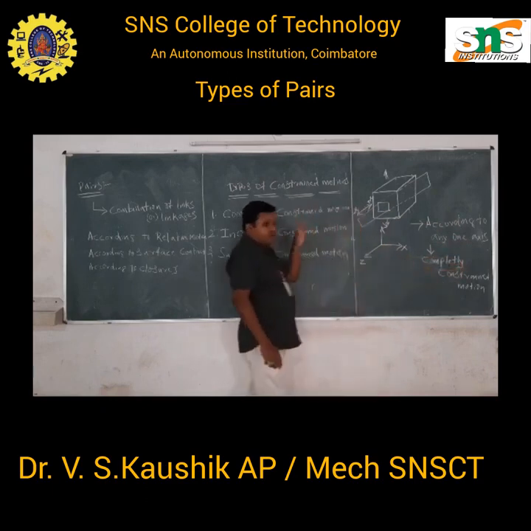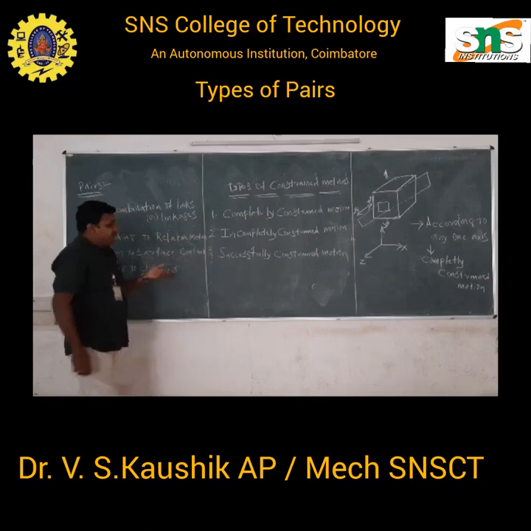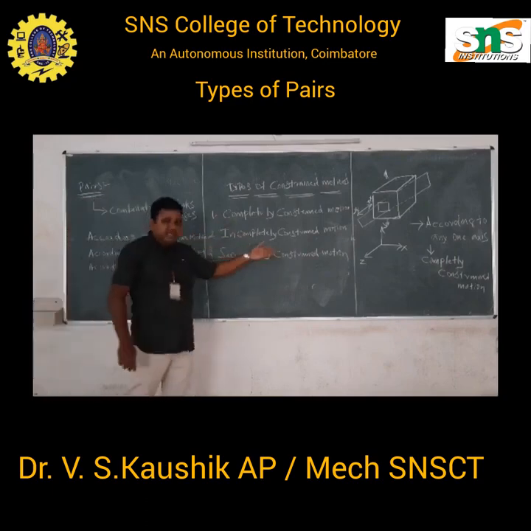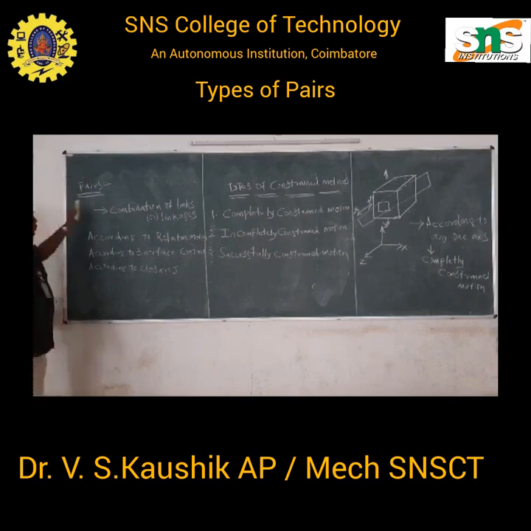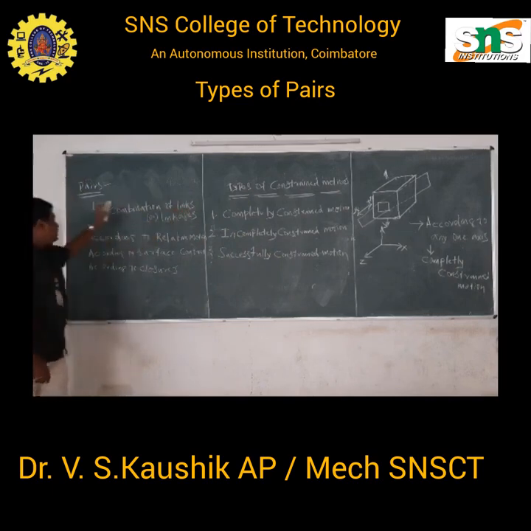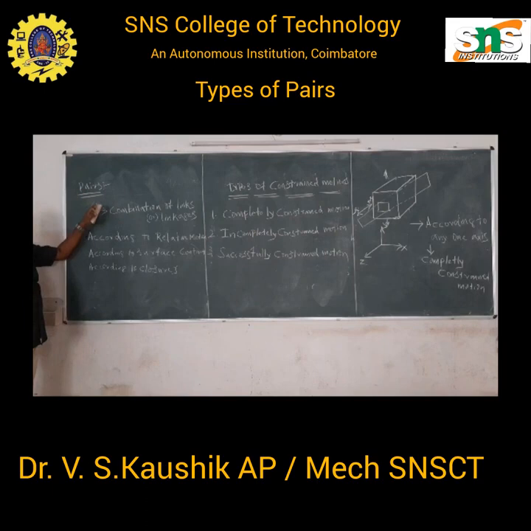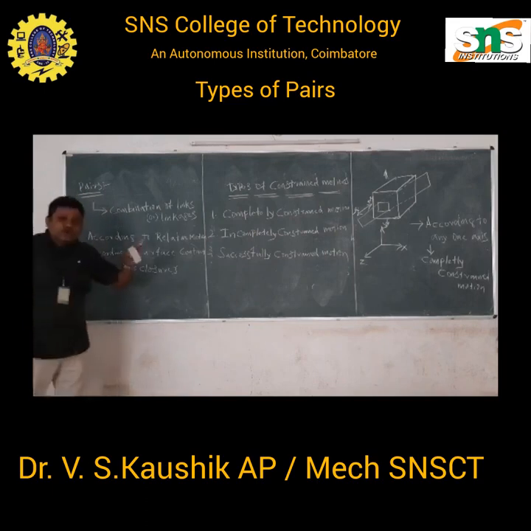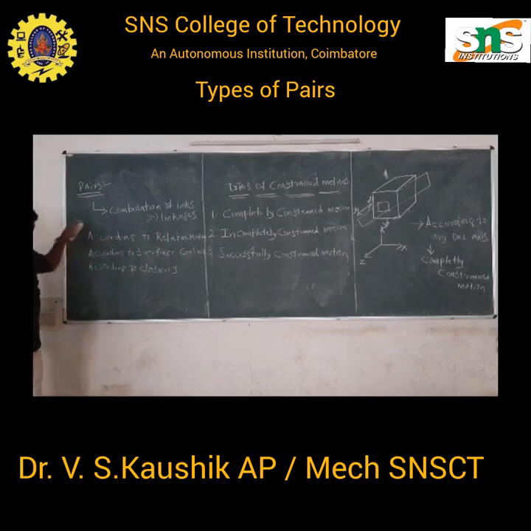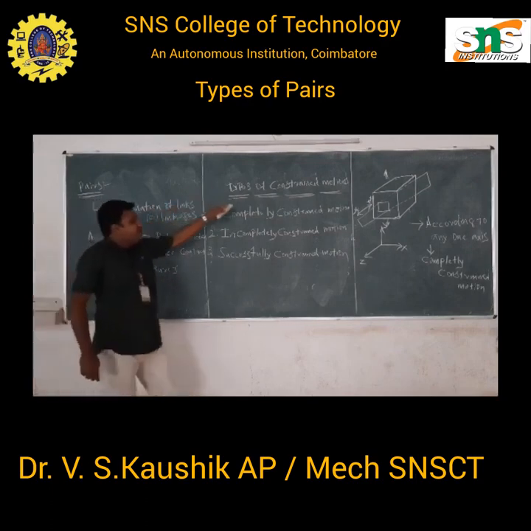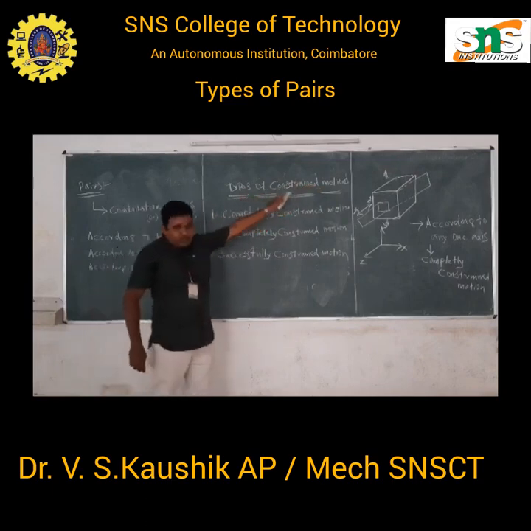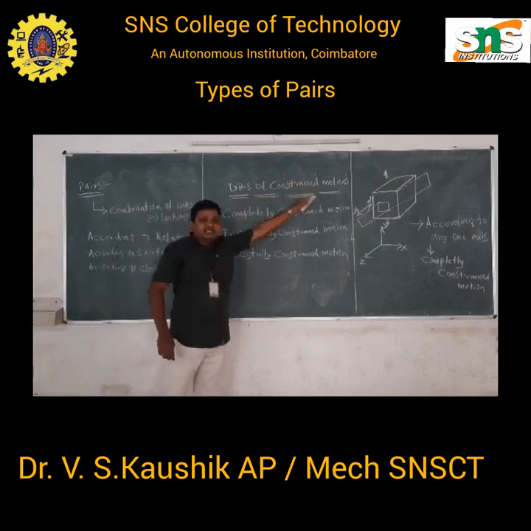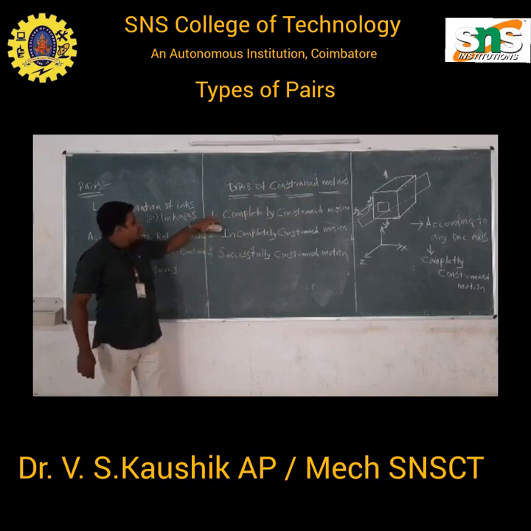Now we will move to incompletely constrained motion, that is our second type. Now, do you understand what pairs are? Pairs are nothing but a combination of linkages. In pairs, there are types of movements or motions, and such movements are termed constrained motions.